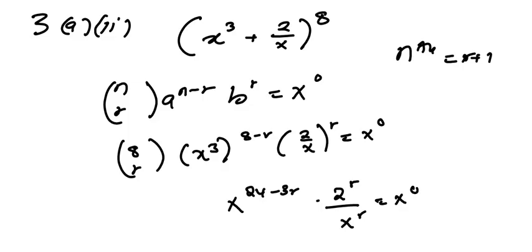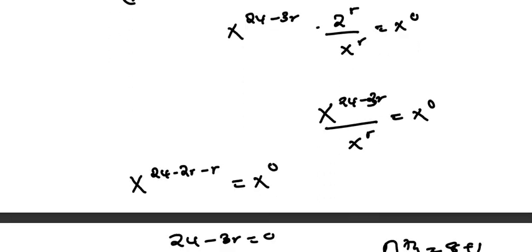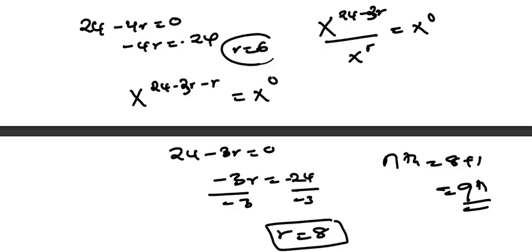Okay. This is a 3r. So I made a mistake on the 2. This has to be a 3 so that we can get, this is now a 4r because it's this guy. So we're going to have 24 minus 4r is equal to 0. Then negative 4r is equal to negative 24, meaning r is equal to 6, right?